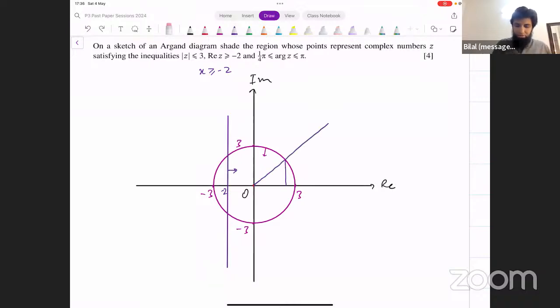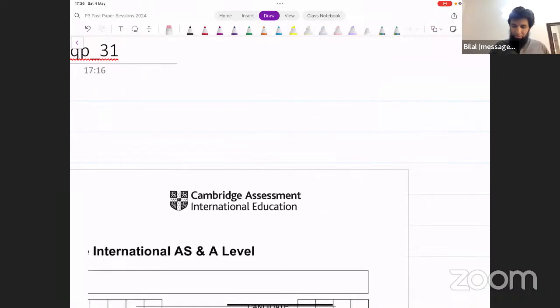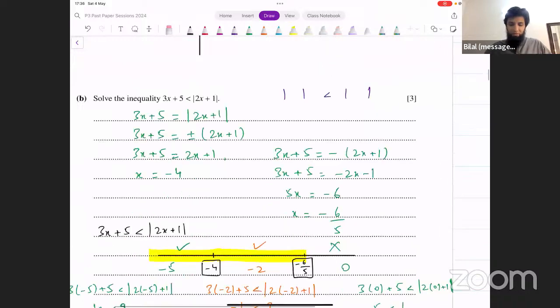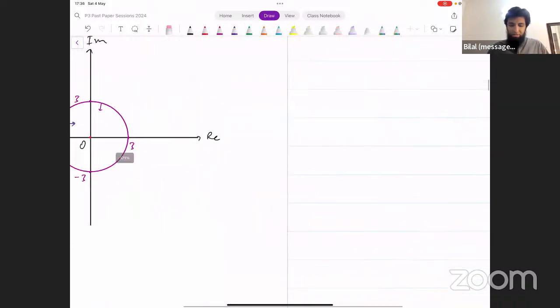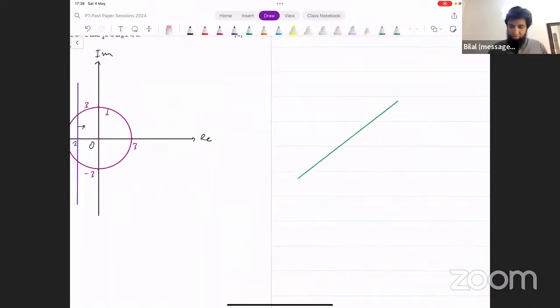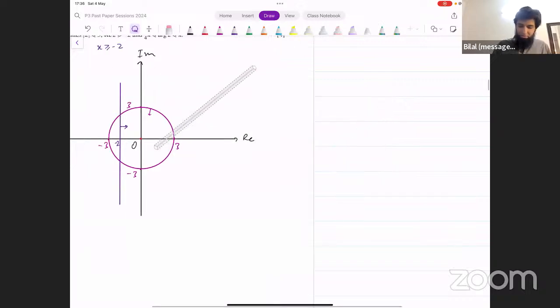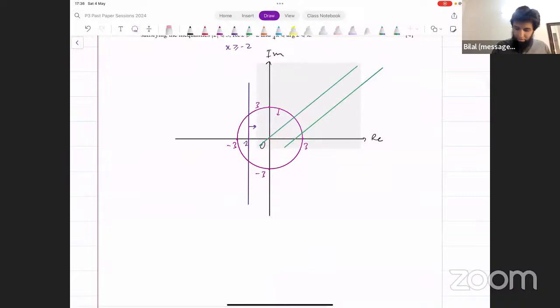I'll draw that again with a ruler. You should use a compass and ruler for this. Try to make your diagrams reasonably accurate, even if it's a sketch. This is what the 45-degree line looks like. Pi/4 line. This is the angle pi/4.